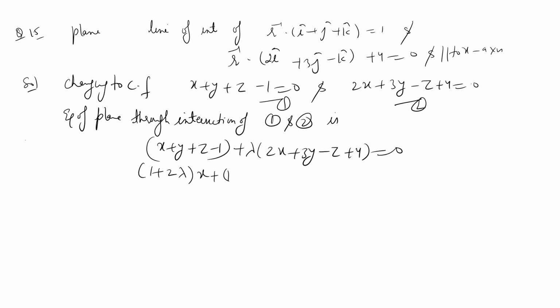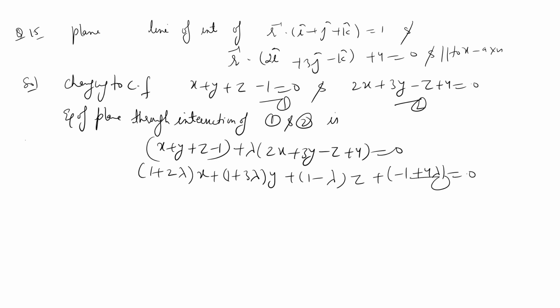It is 1 plus 2 lambda x plus 1 plus 3 lambda y, and this is your 1 minus lambda times z, and plus, I will consider the negative sign here, minus 1 plus 4 lambda, this is equal to 0.